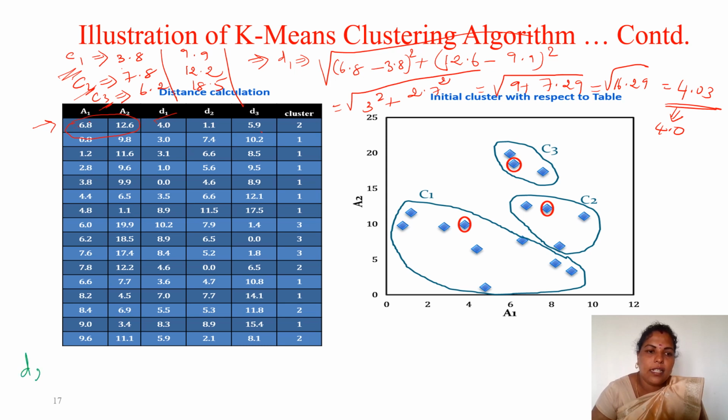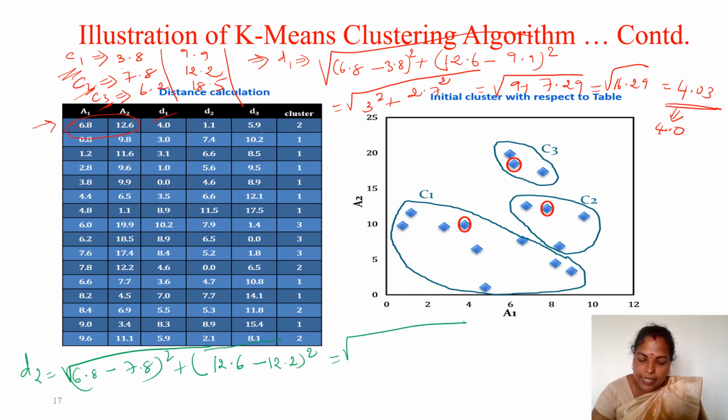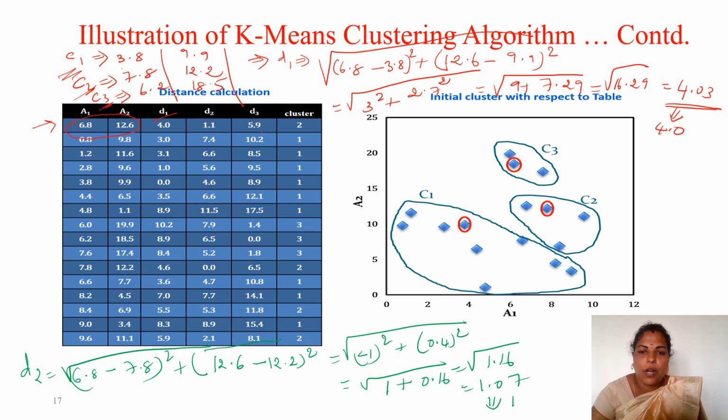So D2 is the root of 6.8 minus 7.8 the whole square plus 12.6 minus 12.2 the whole square. 6.8 minus 7.8 is minus 1, squared, plus 0.4 the whole square, which is 0.16. That is the root of 1.16, equivalent to 1.07, given as 1.1.